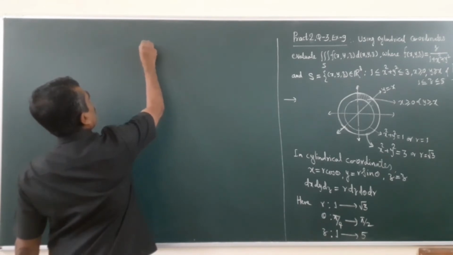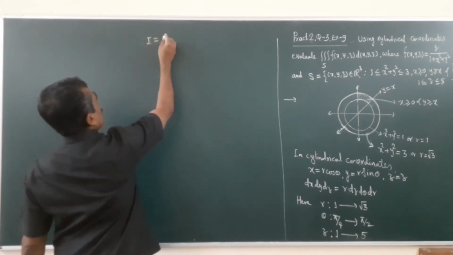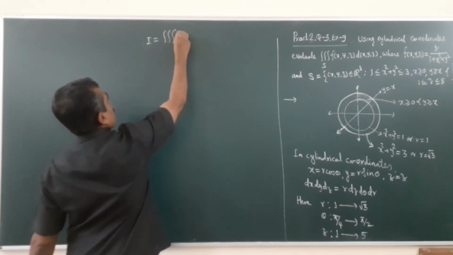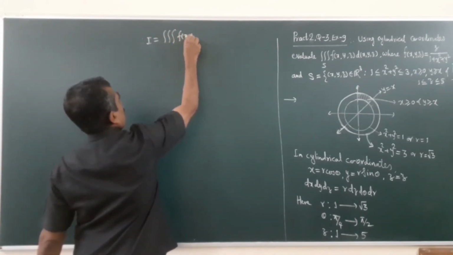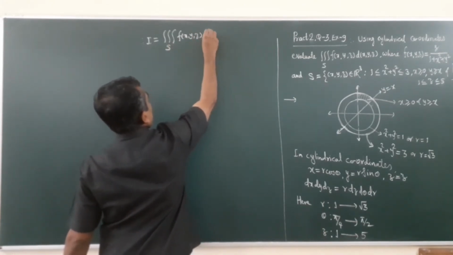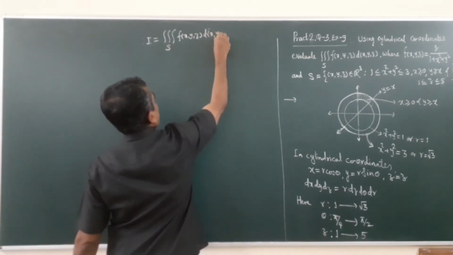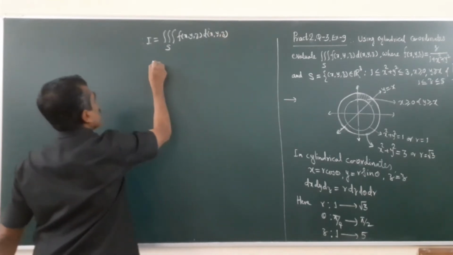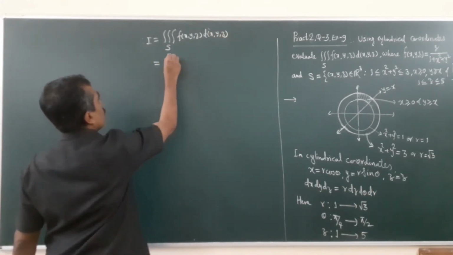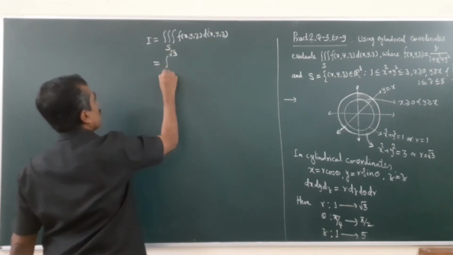Therefore, I is equal to the triple integral of f of x, y, z over S, d of x, y, z. This equals the integral. What are the limits of r? 1 to root 3.